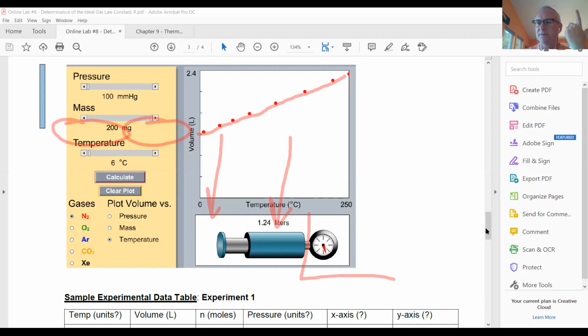Think about what the units of R are. And so if I plot, remember, what is the slope of this line?